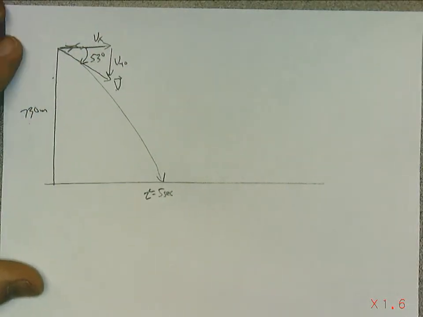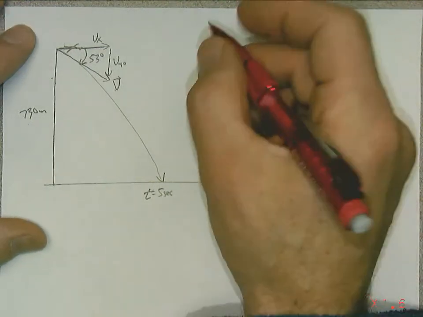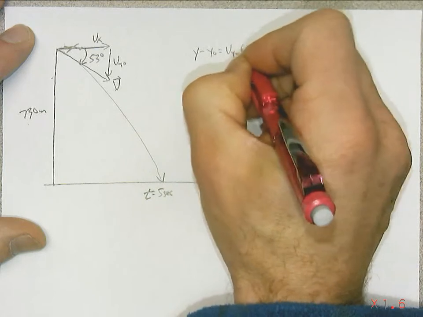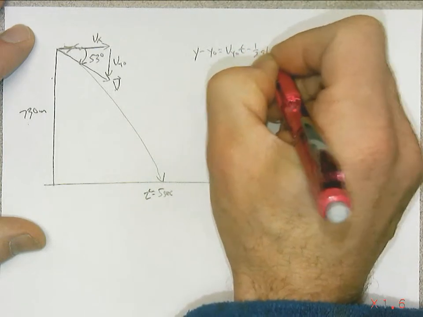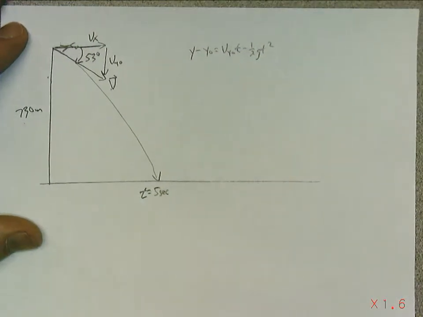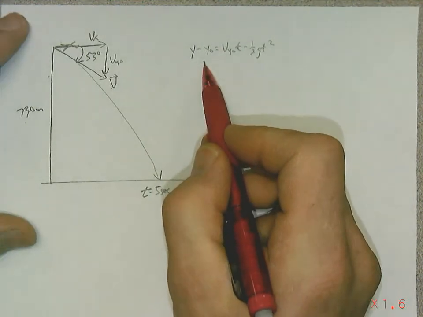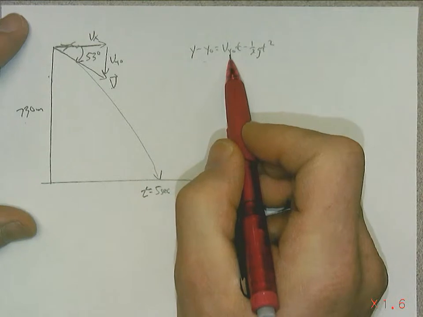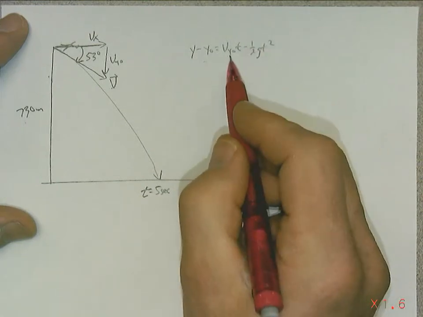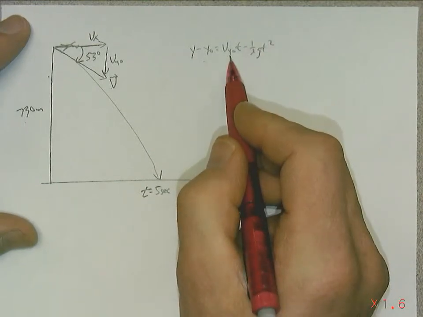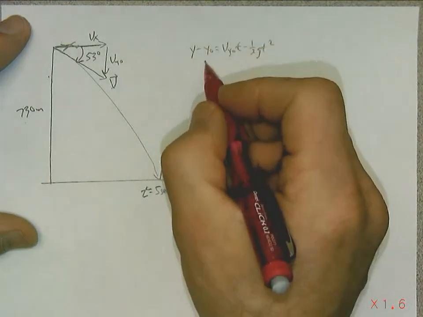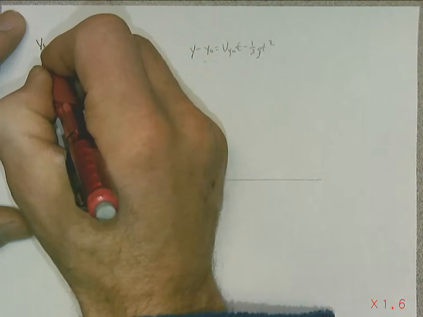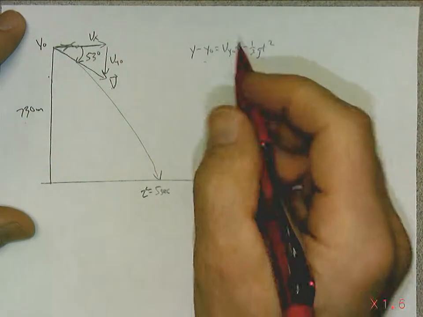So I'm going to use equation 5: y minus y0 equals Vy0 t minus 1/2 g t squared. I'm going to use that because I know everything about this. I want to get this information, and I know everything about this, so we can solve for Vy0. Now remember, my starting point is y0, and that's 730.